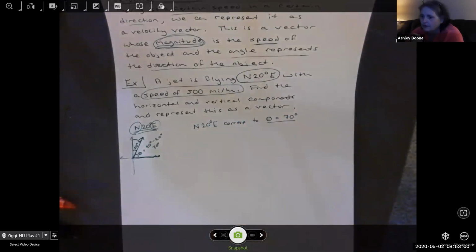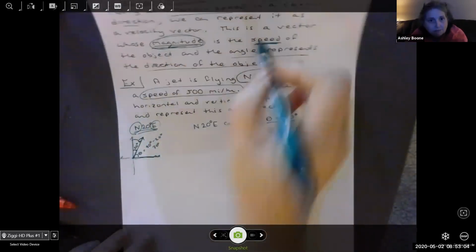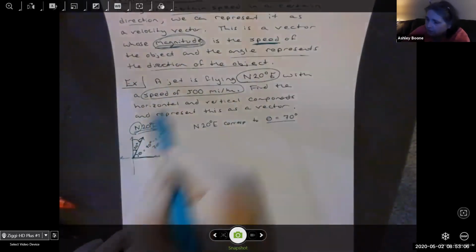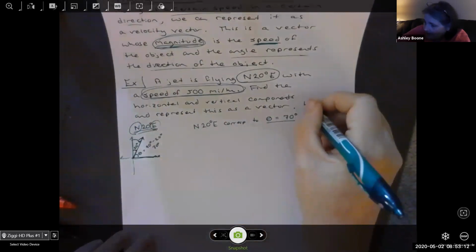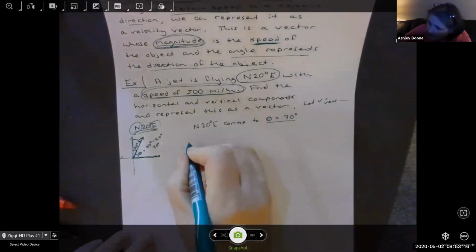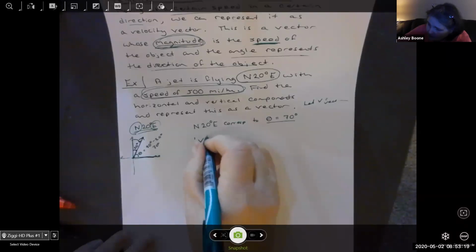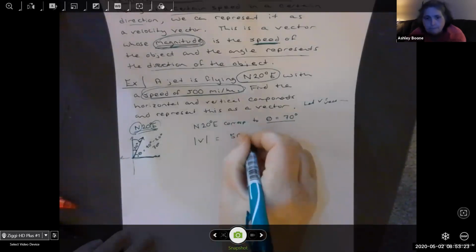Also remember that with velocity vectors, magnitude is the speed of the vector, the speed of the object. We know the speed of the object is 500 miles per hour. So I'm going to let v equal the vector. That means the magnitude of the vector is equal to the speed, 500.